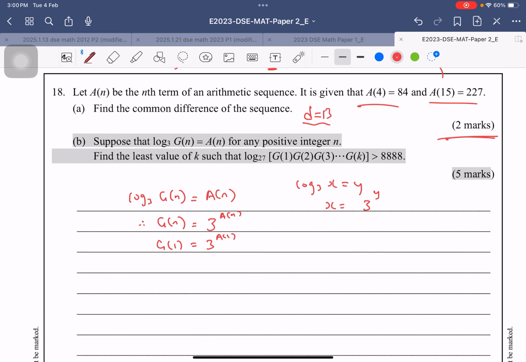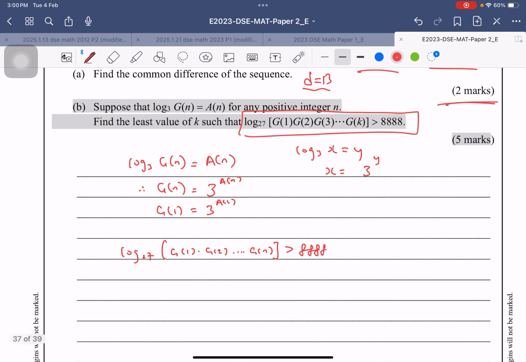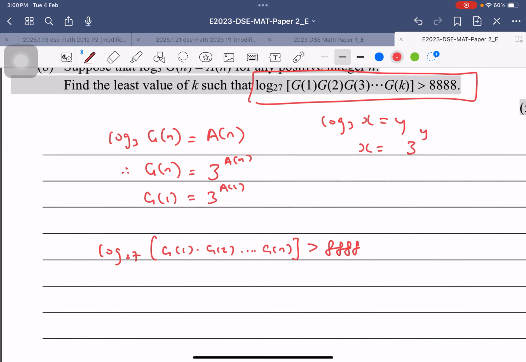So now we try to solve this equation. We copy this down: log base 27 of g1 times g2 times dot dot dot times gn is greater than 8888. Oh, log 27.